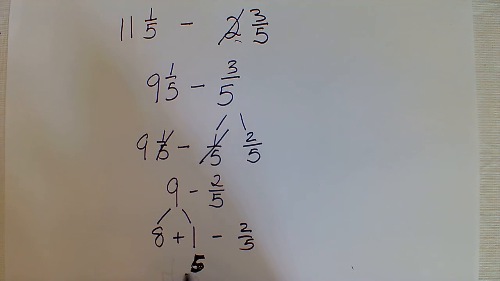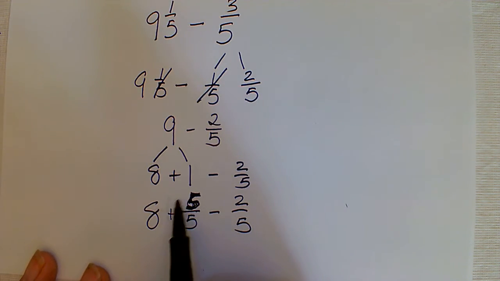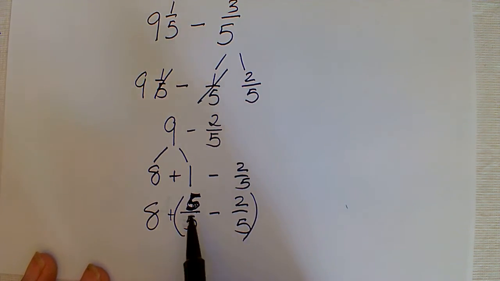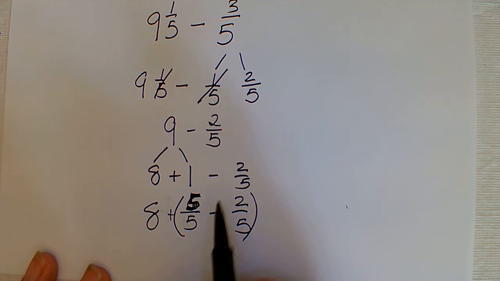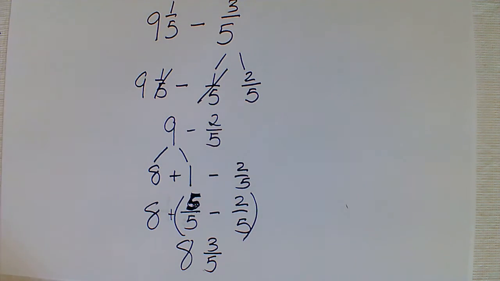So we have that 8 plus the 5 fifths minus 2 fifths. I'm going to slide that up for us. So now I can do this. Now I can take 5 fifths minus 2 fifths, and I get 3 fifths, and I still have that 8. So we end up with 8 and 3 fifths. So I hope that this is starting to make more sense for you.